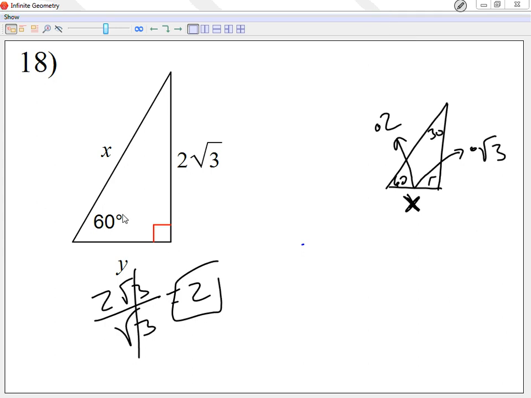From the small side to the hypotenuse, multiply by 2. So I'm just going to call it 4. Remember, from the small side to the hypotenuse, multiply by 2. From the small side to the other side, multiply by radical 3. Right. Any questions? Yes. 22.